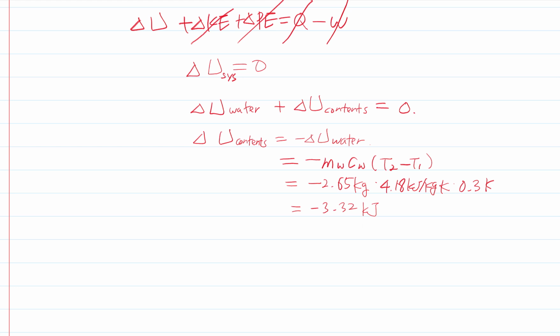The question asks us to determine the change in internal energy in kilocalorie per milliliter of cooking oil and in kilocalorie per tablespoon of cooking oil. So the internal energy change of the contents divided by the volume of oil.